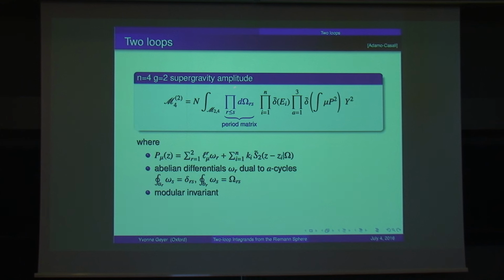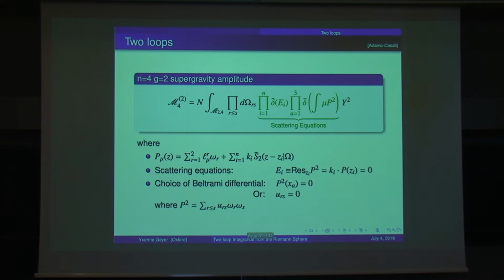This naturally contains a t8 t8 R to the 4. And then we have an integral over the moduli space now at genus 2 with 4 marked points, 4-point amplitude. We're integrating over the period matrix where we've defined the period matrix in the usual way. Now mapping mu is again what I've written on the last slide. And we get a localization on these new scattering equations.